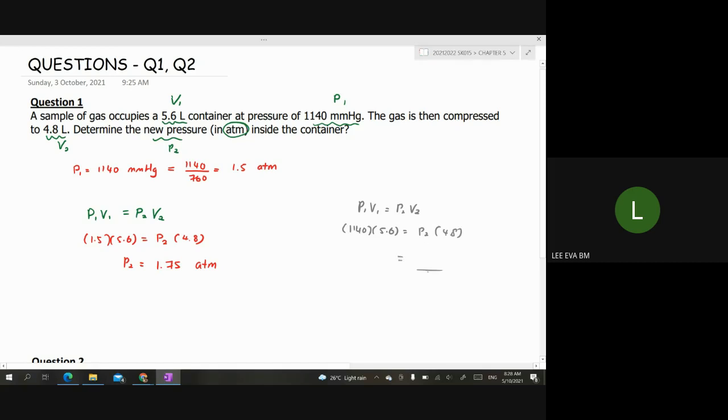After you calculate, you get your answer in millimeter mercury, and only then you convert into ATM. Also can. But the important thing is the question asks for ATM. So you can convert first then apply the formula, or convert afterwards, as long as you convert. You will still get the same answer.